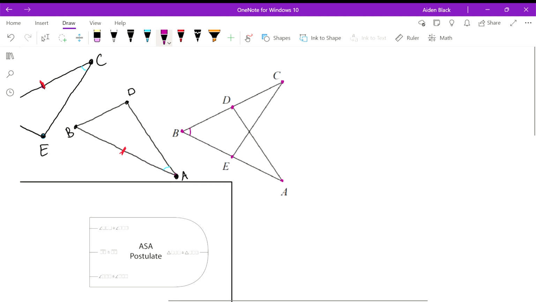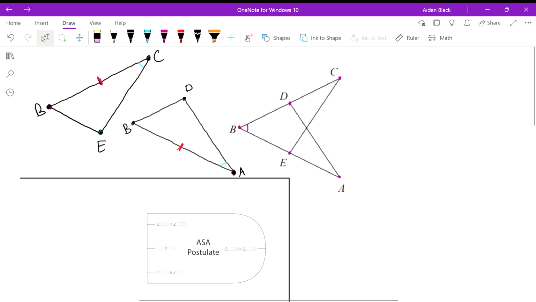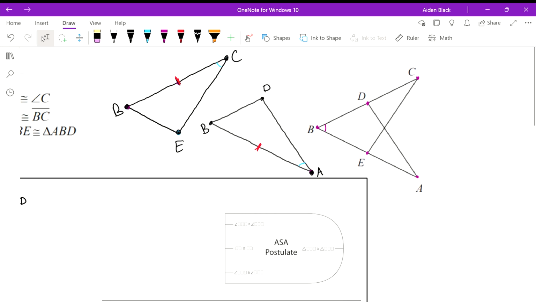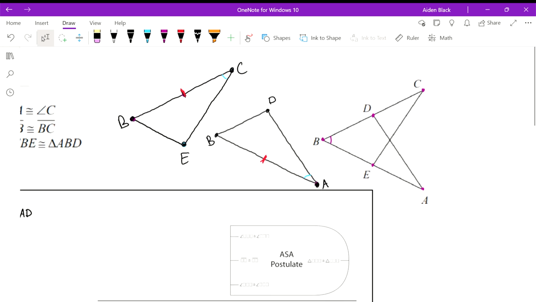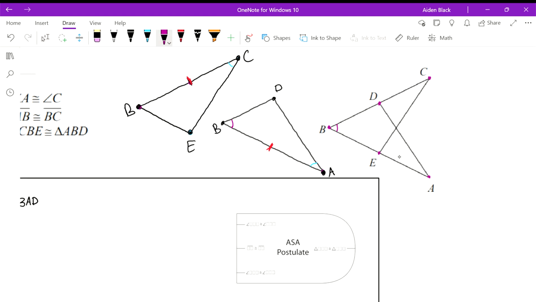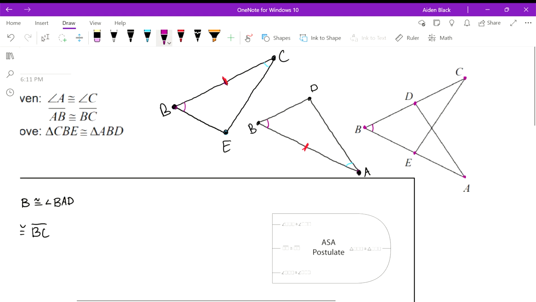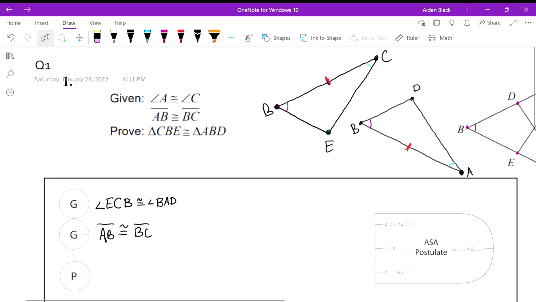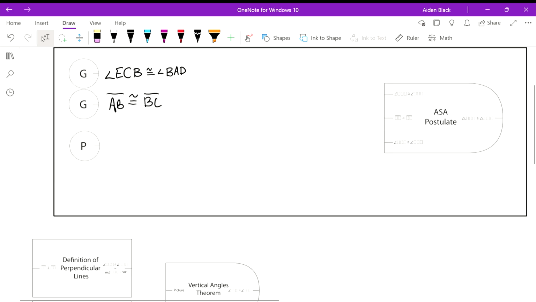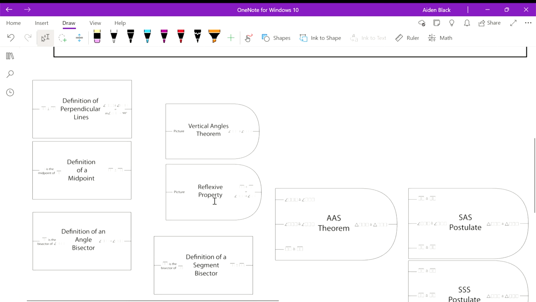They share the same points. They all lie on the same line segments. So right here I can outline in my separate triangles. Angle B is congruent to angle B. Now, the reason we can say that is by the reflexive property.